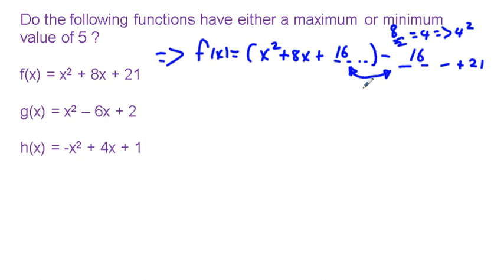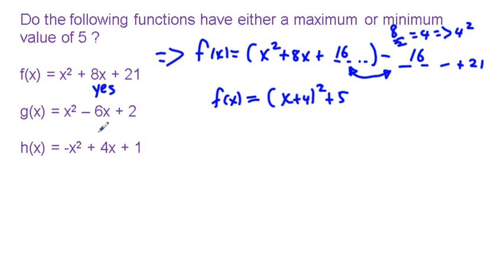We're going to have x plus 4 squared, but the more important thing for the question is negative 16 plus 21, which is going to be plus 5. So yes, this one is a yes. The first one, f of x.